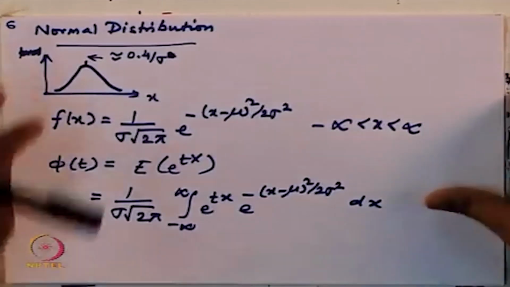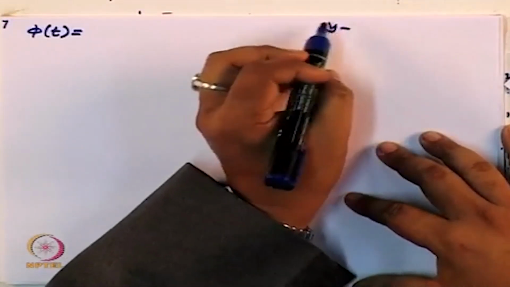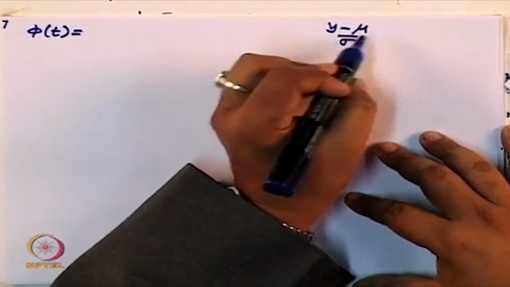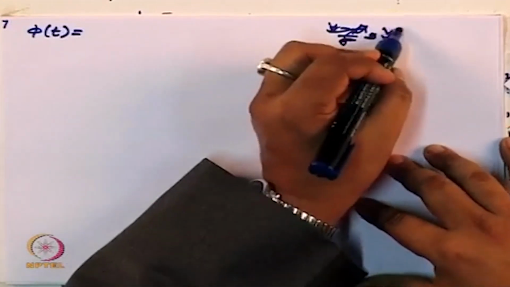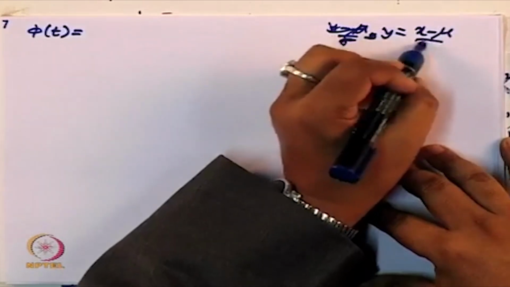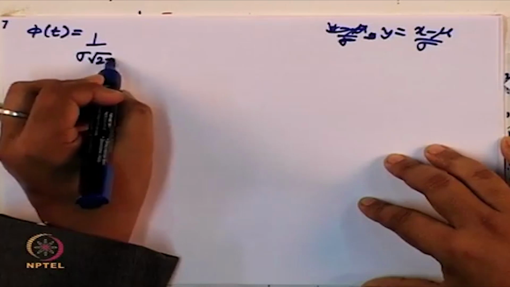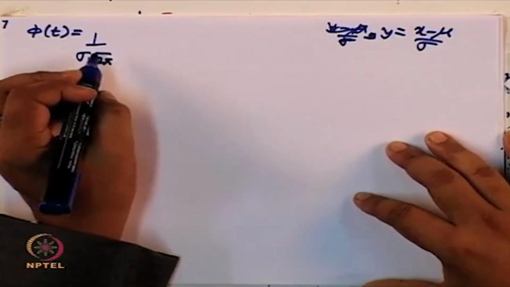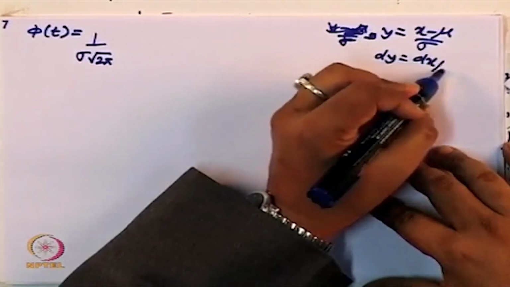So, phi of t then becomes, let me define y as x minus mu by sigma. So, phi of t becomes 1 by sigma root 2 pi, and if I put this, then my dy is equal to dx by sigma.